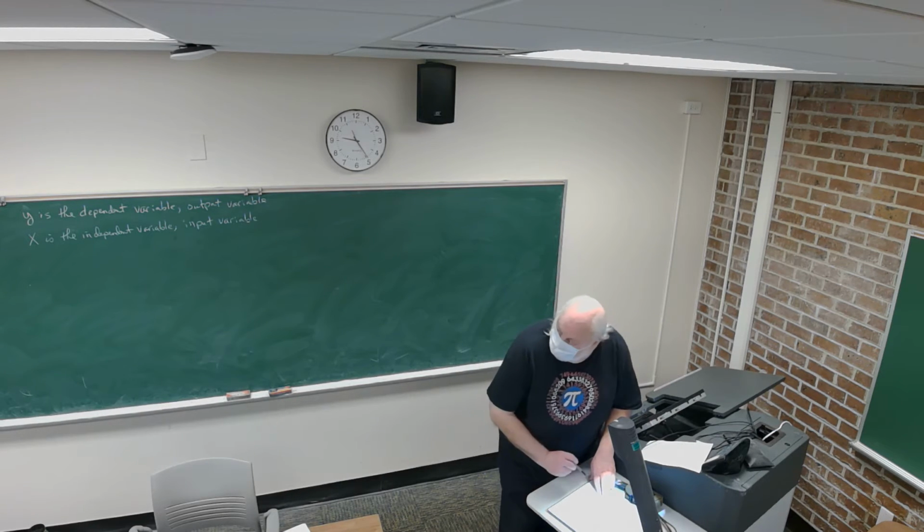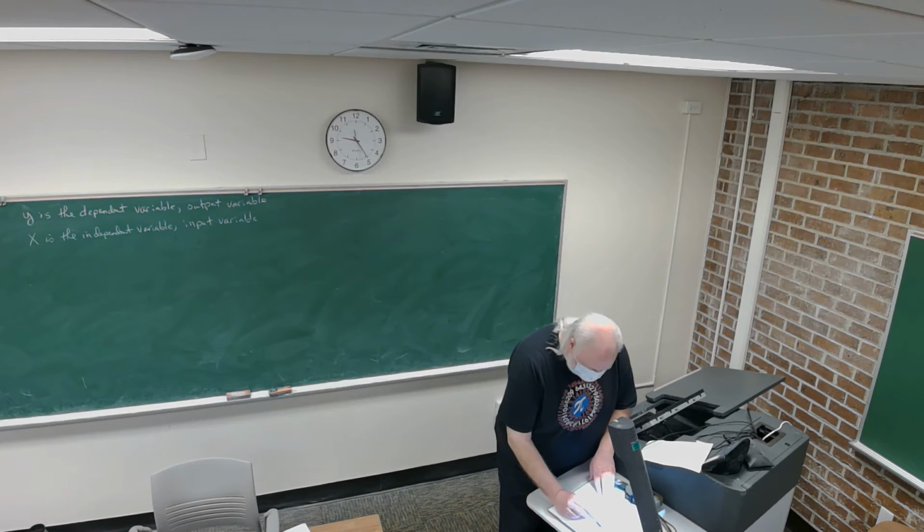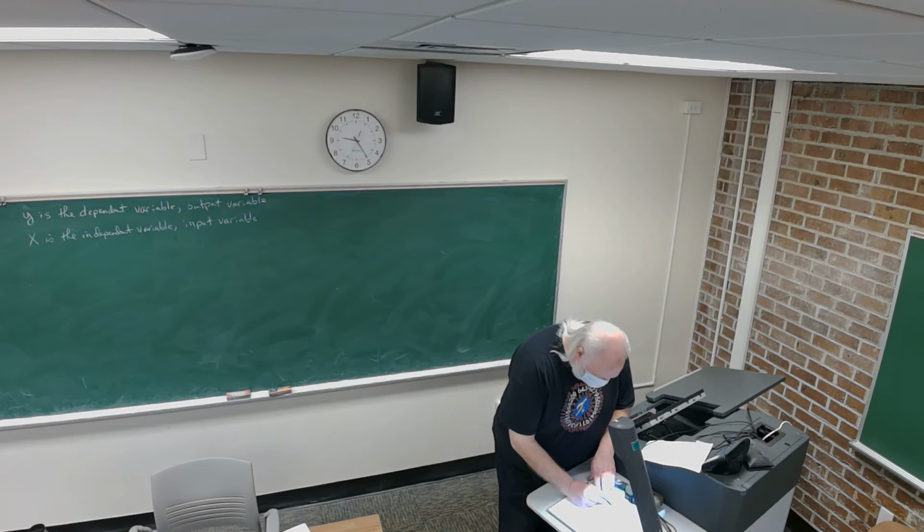So remember, function values and y values are the same. So where the function values are less than 0 is where the y values, the y coordinates, are less than 0. Well, here's the y-axis, and the negative y coordinates are down, right?